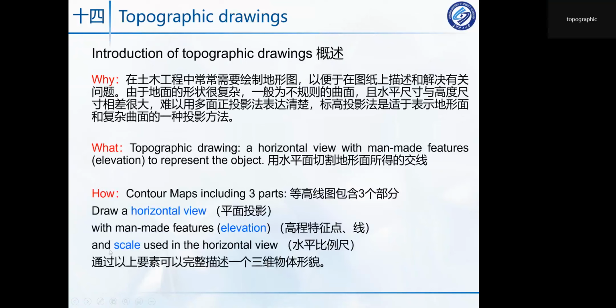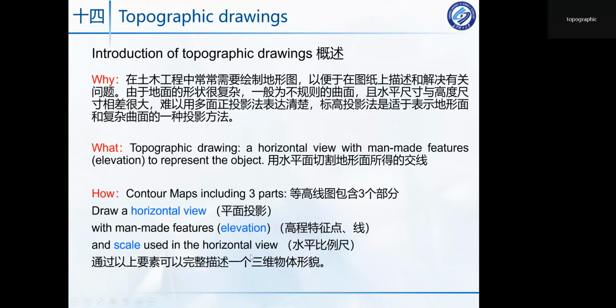And the second one, we have to use the scale. Why do we have to use scale? I will tell you about this in the slope part, and the scale is used in the horizontal view.